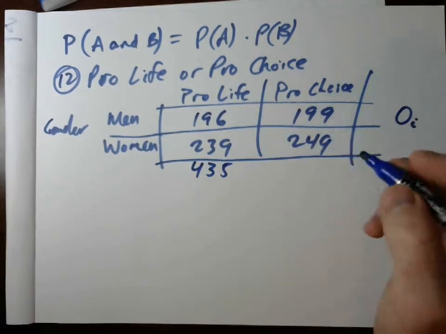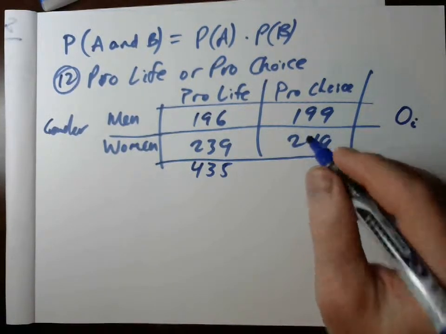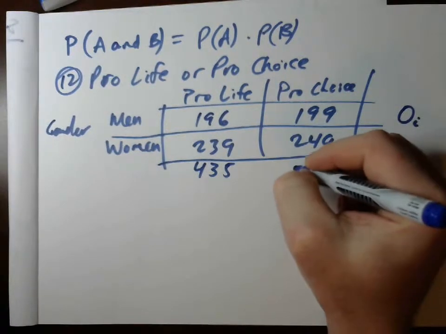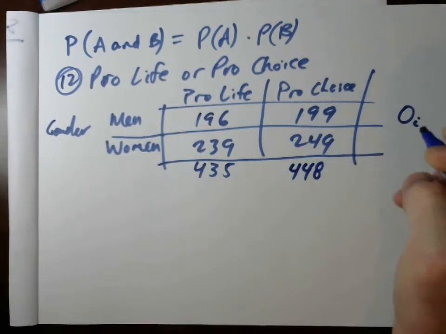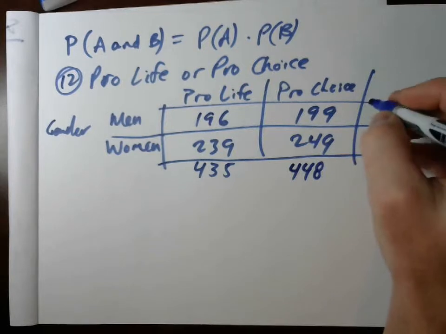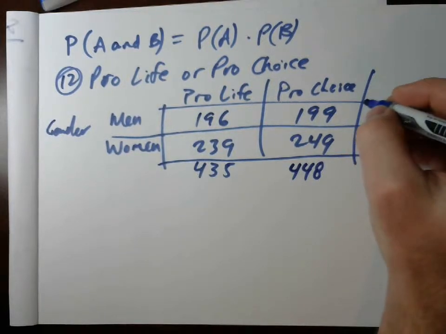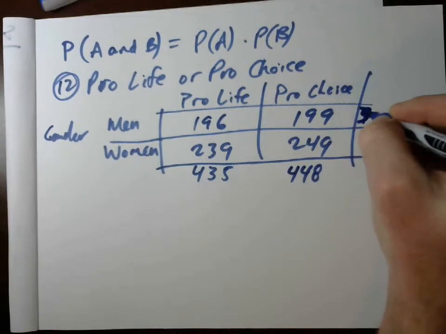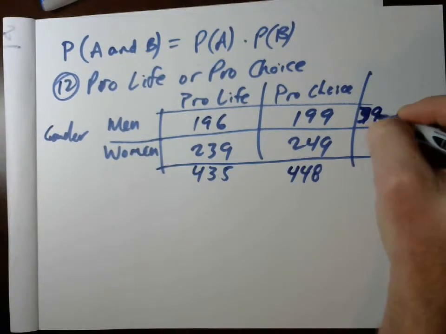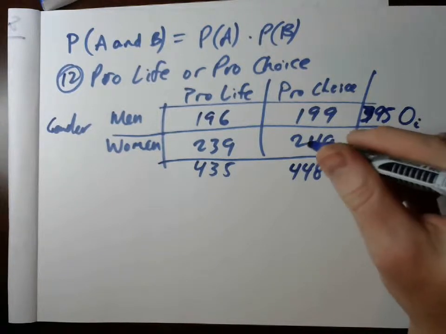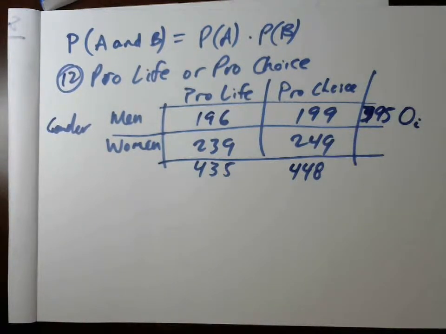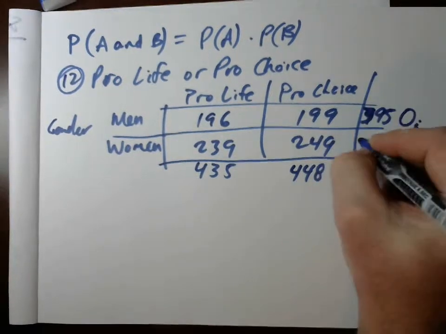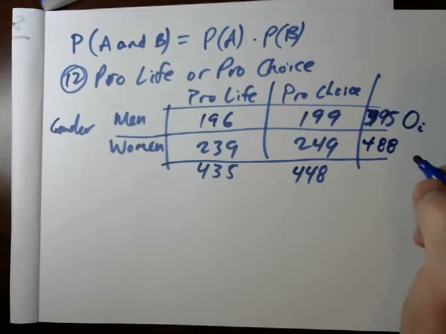And then 199 plus 249 is 448. Then we have 196 plus 199, that is 395. And 239 plus 249 is 488. We have 488 people.